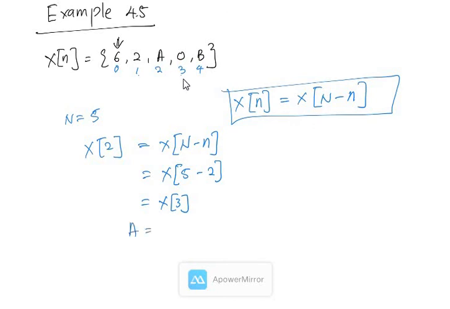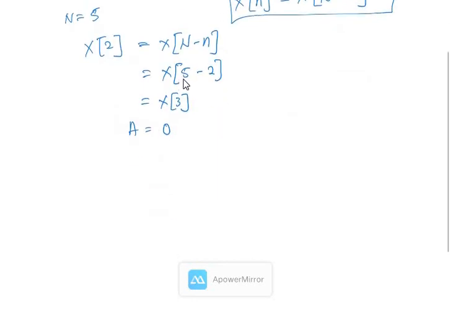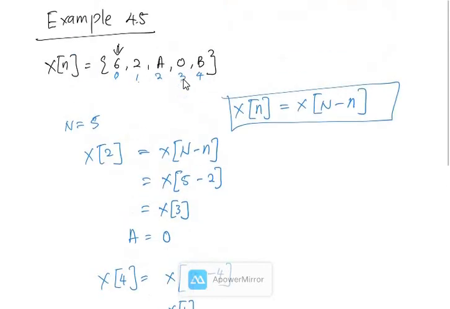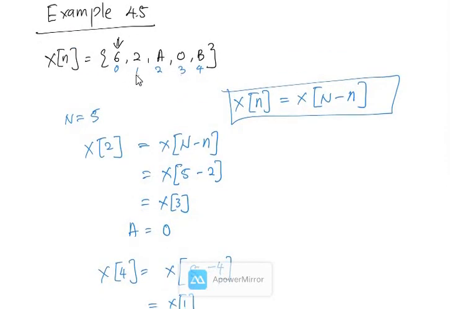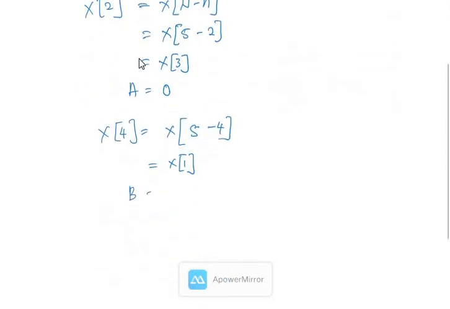So A is equal to 0. Whereas for x[4], it is also even, so x[5 minus 4] is equal to x[1]. x[1] in this question is 2. So B is equal to 2.